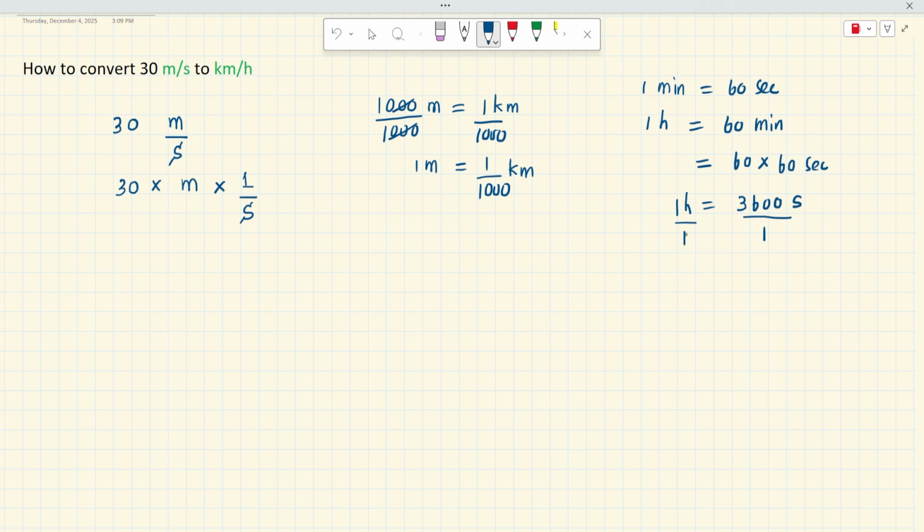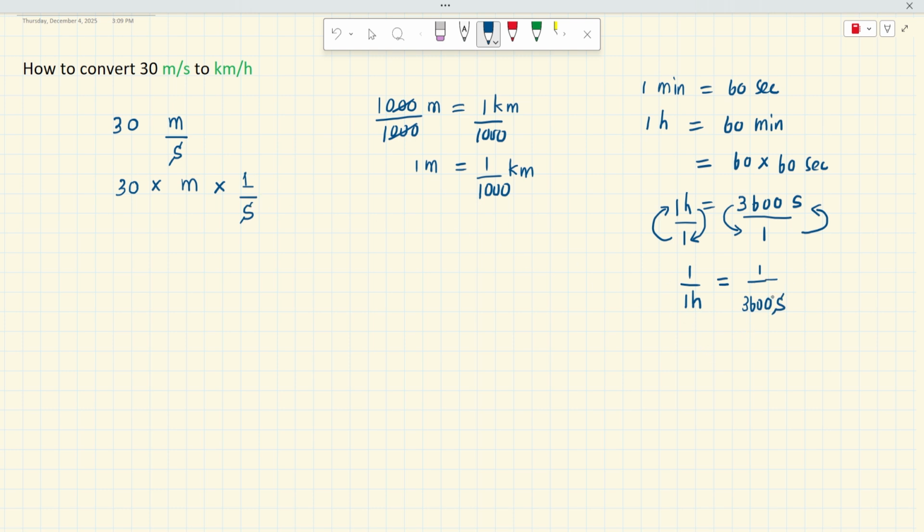Then I'm going to switch denominator and numerator. Left hand side, in the same way we have to switch denominator and numerator on the right hand side. So this becomes 1 over 1h equals 1 over 3600 s. Now I need 1 over s.